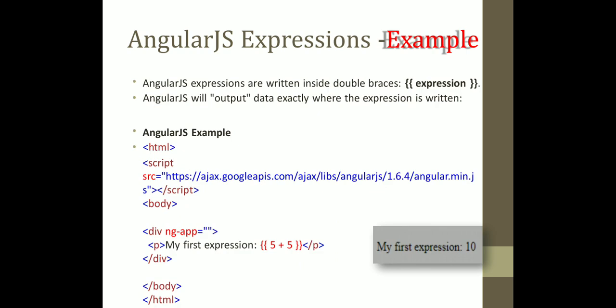With an example, we can see that AngularJS expressions, as already told, are written in double braces, and AngularJS will output data exactly where the expression is written. You have to keep in mind the output will be at the place where the expression is written.